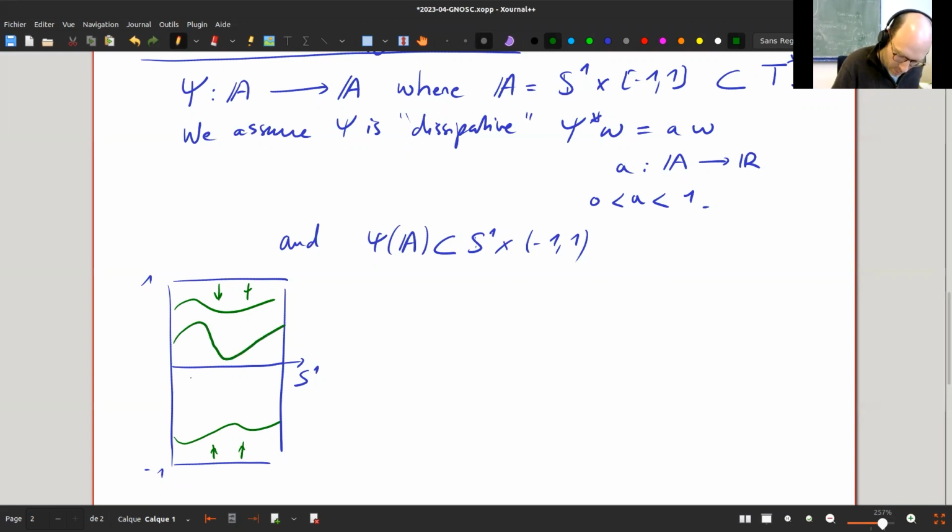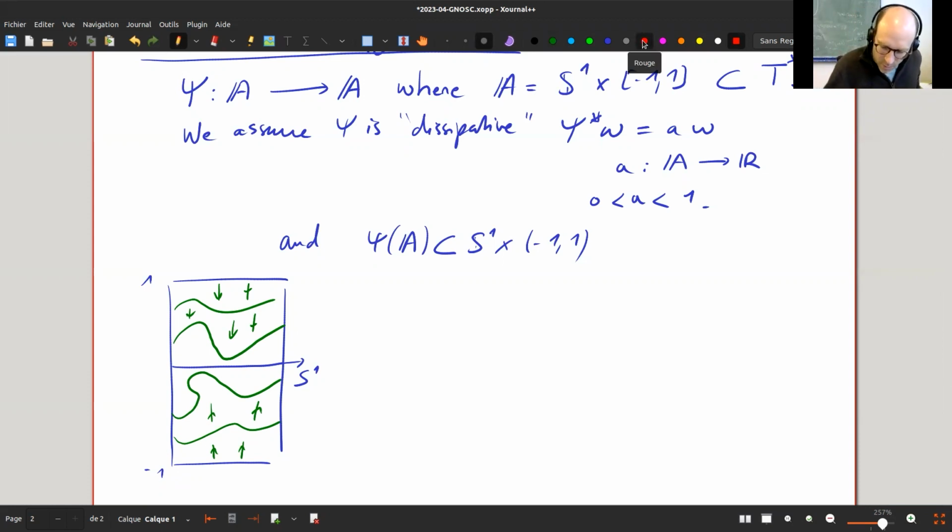I don't know, something like this maybe. At the second iteration we get something like this, and then to something even smaller. And in the limit we will see some possibly complicated sets that I will draw in red. So for example, you could have something like this, but you could also have some hair in the limit. Okay.